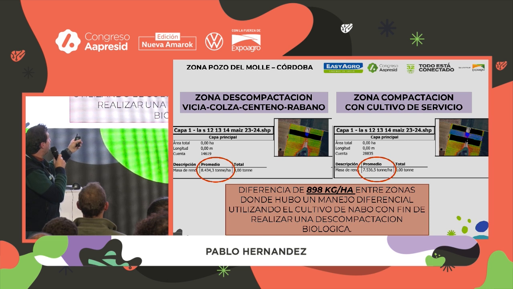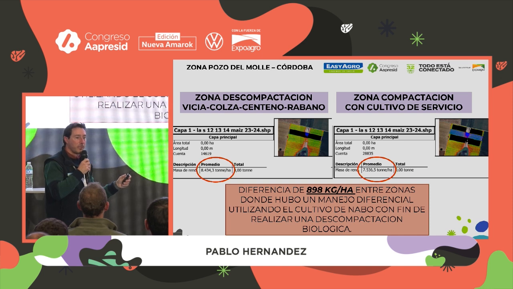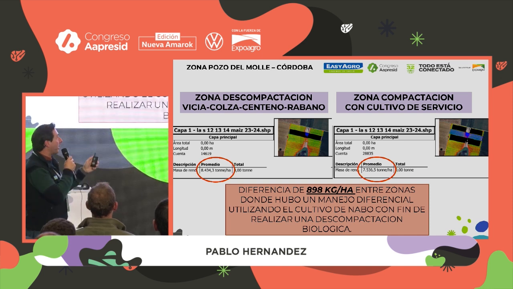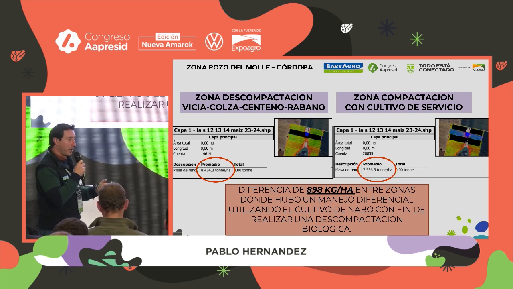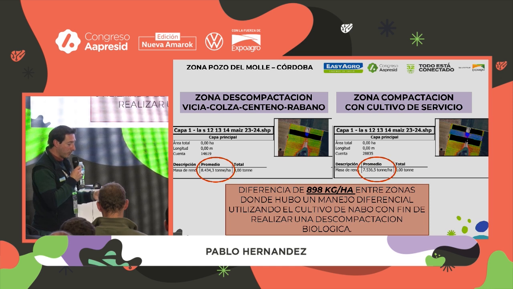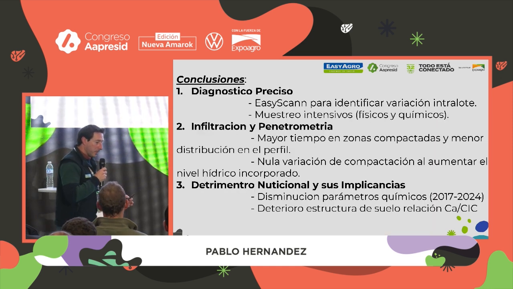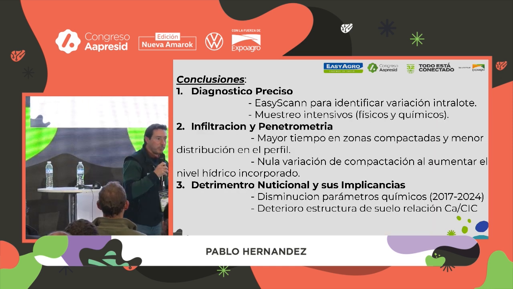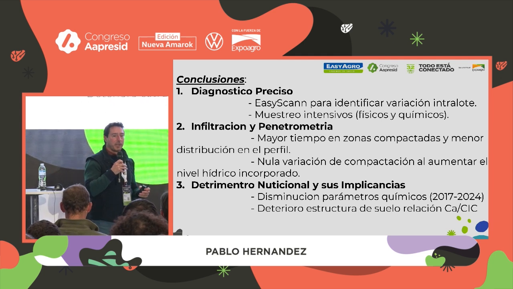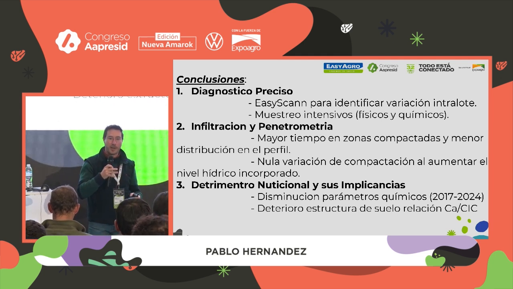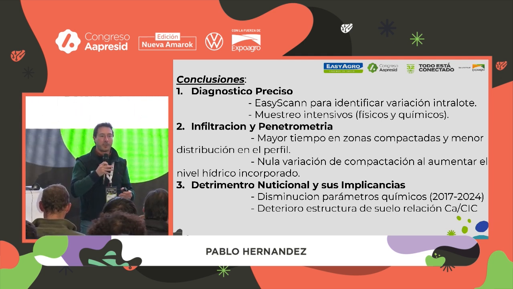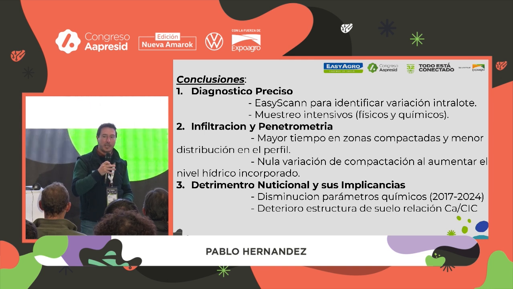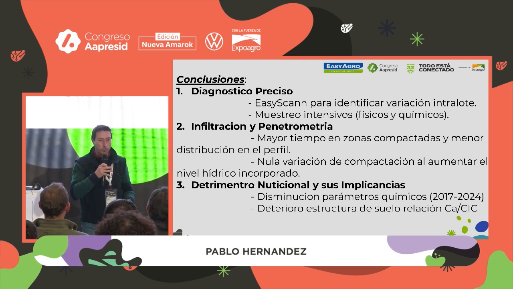So with multi-species in this particular plot, we had 898 kilograms difference with the management of multi-species versus a normal crop of veg and rye. So we can see that there is not just one way to manage this, but you must really get to know what is the problem that we have.